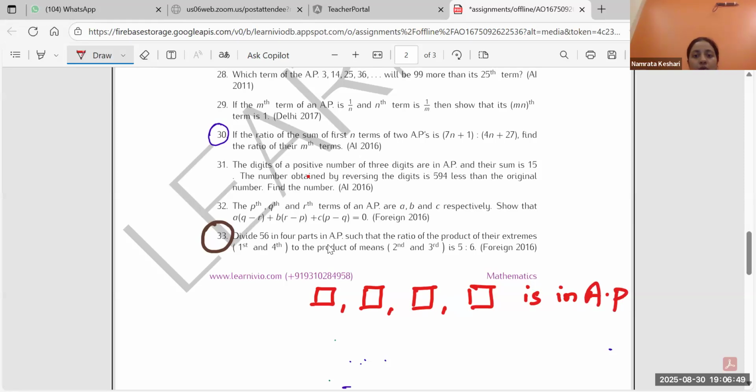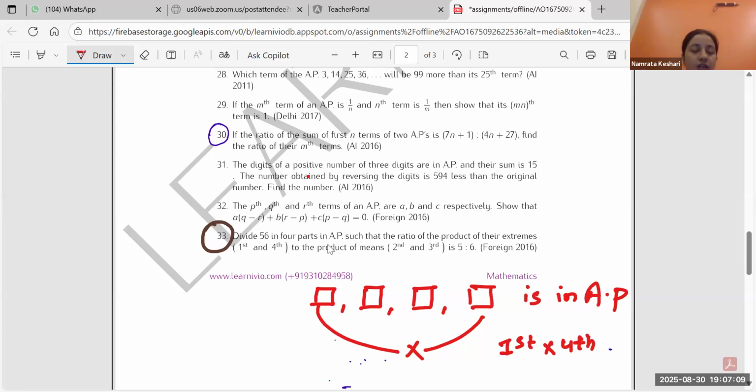Extreme means the first term multiplied with the fourth term. That's called the product of the extremes.